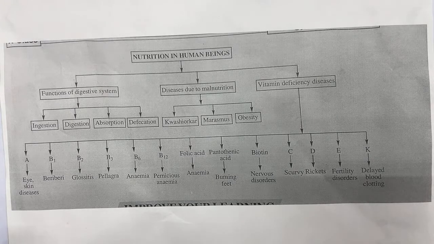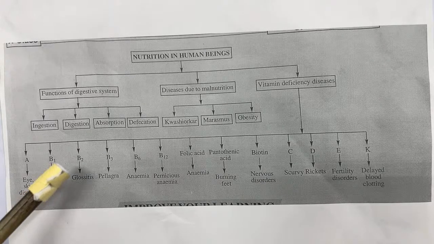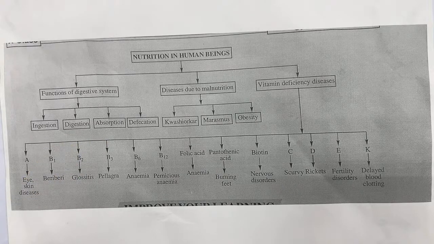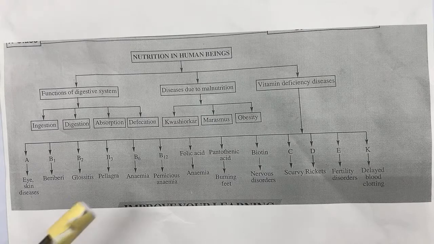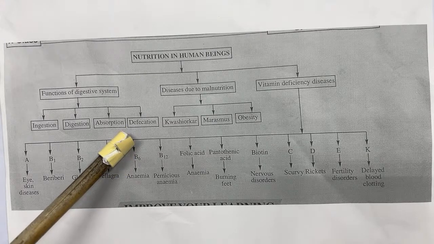After the food is digested, you can observe absorption. The food that is completely digested is absorbed by the body, and the undigested food comes out in the form of defecation through the anus.